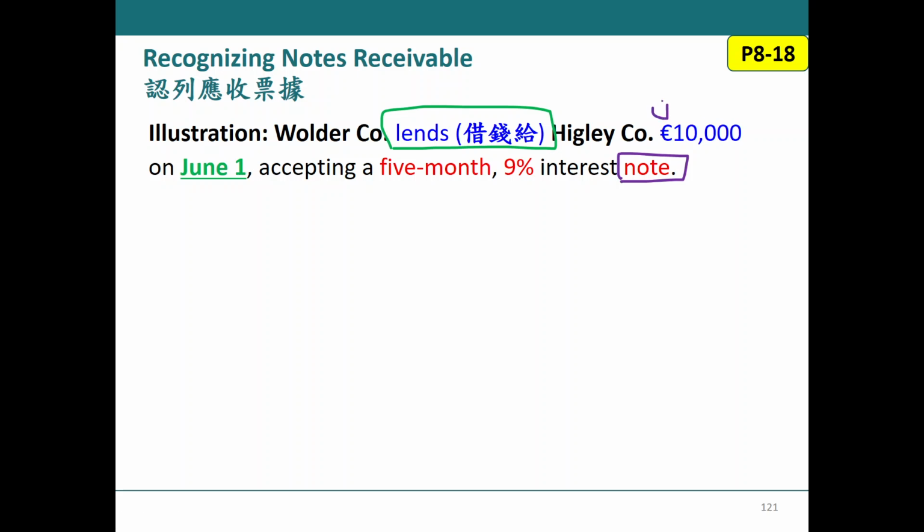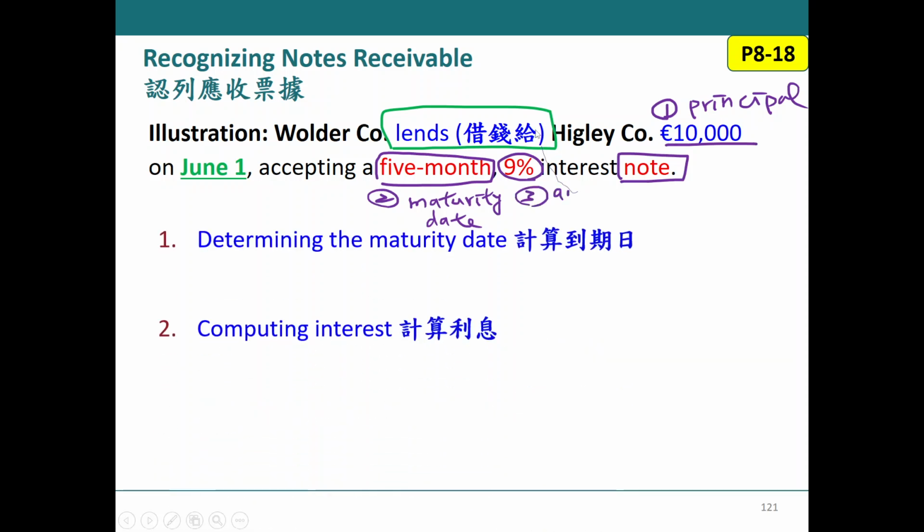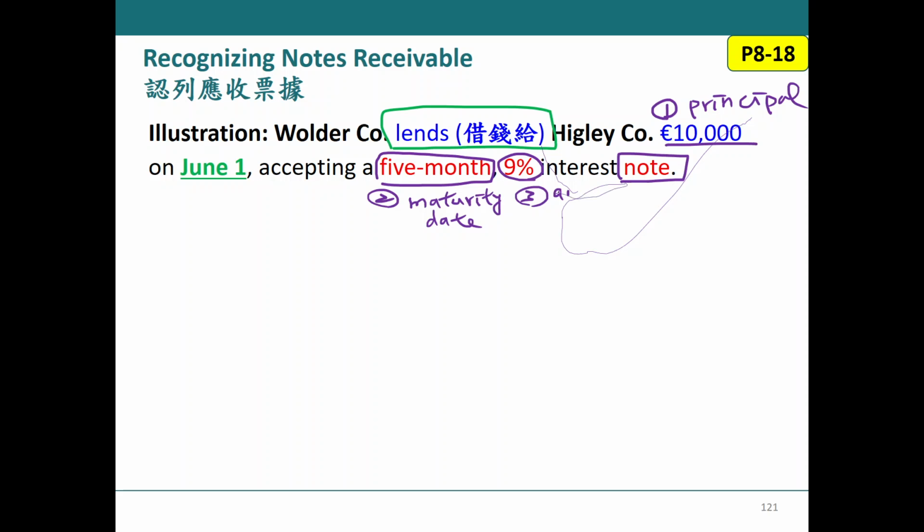First one, principal, 本金. Second one, when to pay the money back? After 5 months, maturity date. Third, nothing for free. So what is your interest? So annual interest rate 9%.